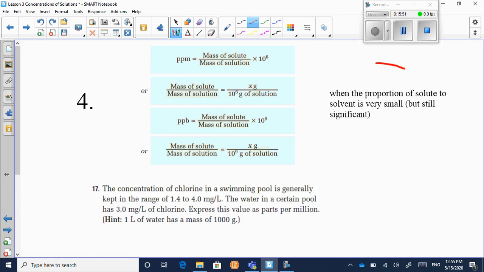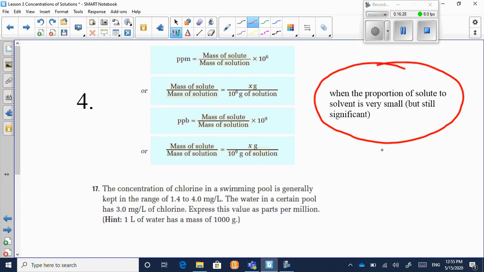So you tend to use this one when the proportion of solute to solvent is very small, but it's still significant. And so what I mean by that is if the substance that you're dealing with is, let's say, a poison, and even if it's there in trace amounts, it could be deadly. You would be interested in knowing the parts per million or parts per billion, rather than being given a number like 0.000003%.